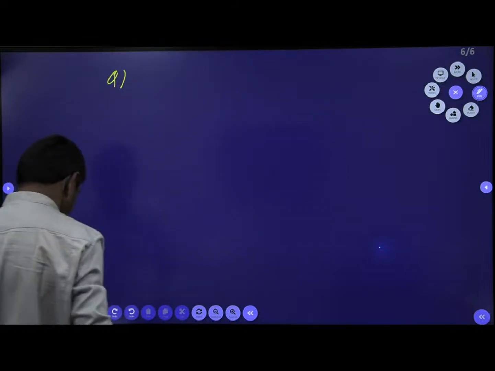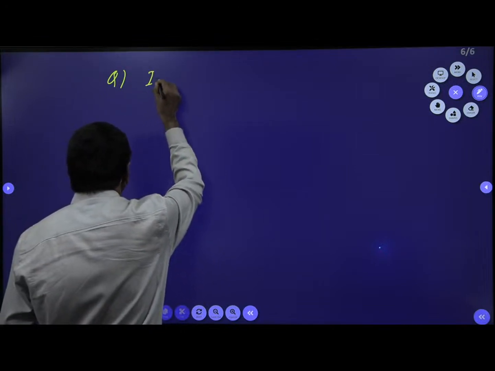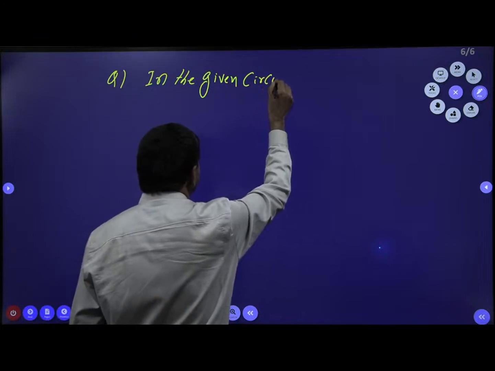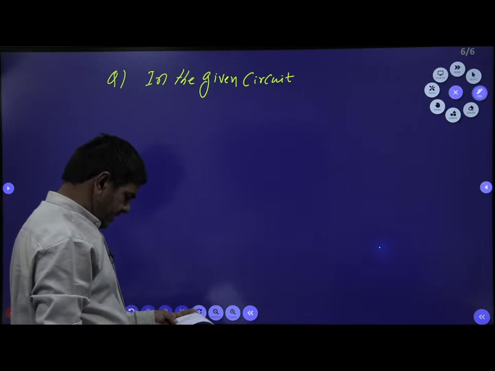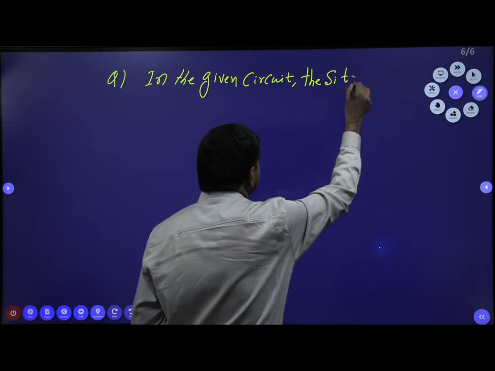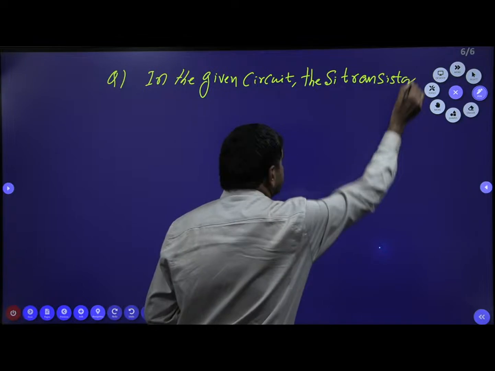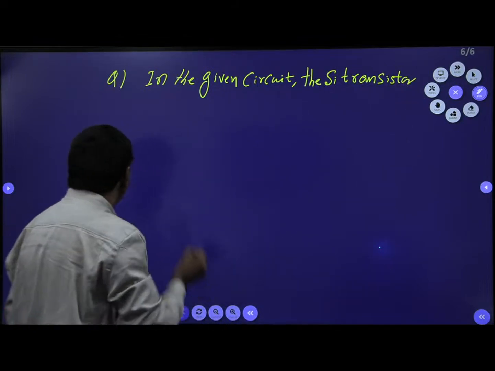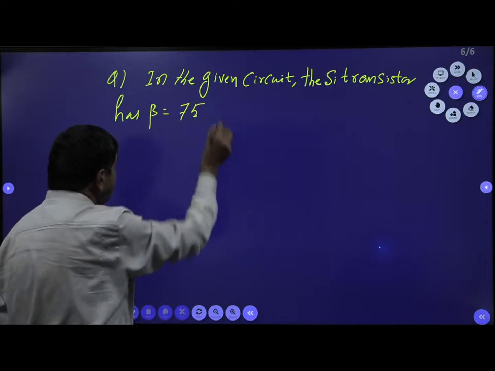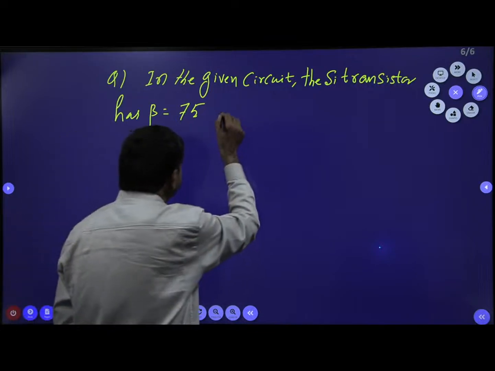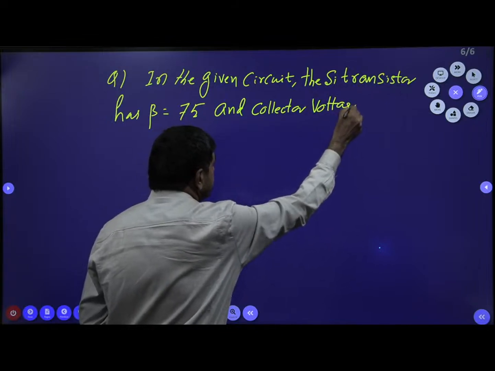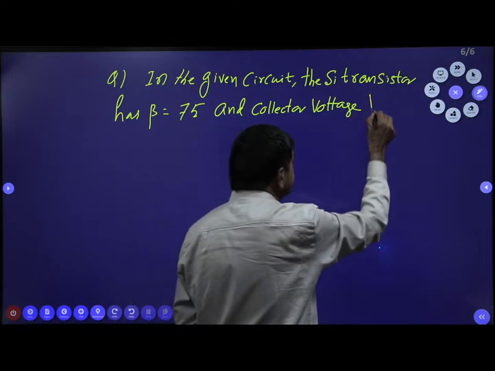The next problem I want to give now. In the given circuit, the silicon transistor has beta equal to 75, and collector voltage VC equal to 9 volts.